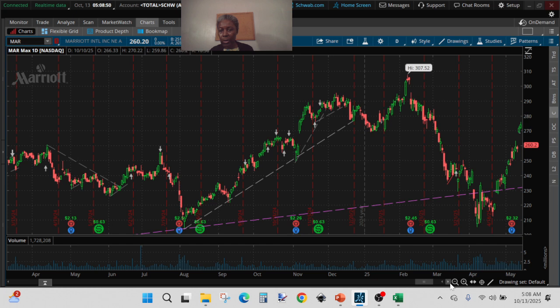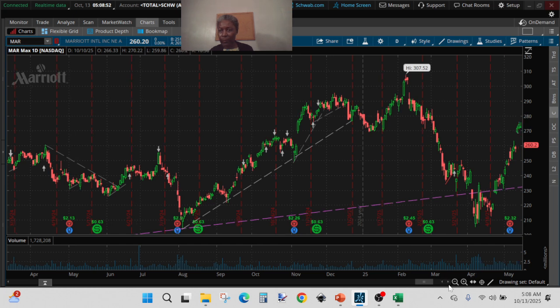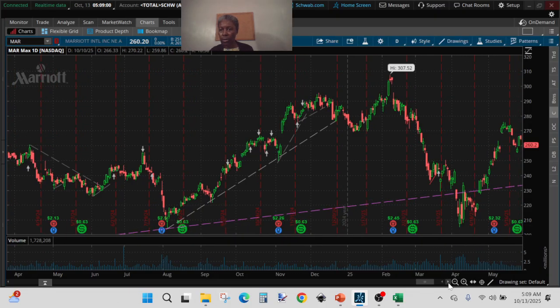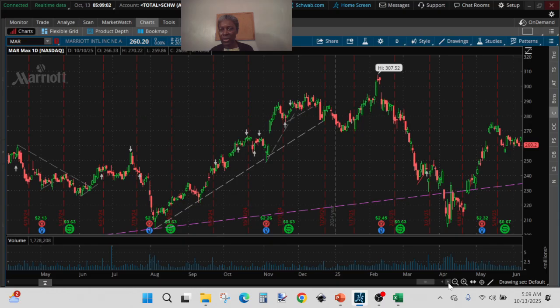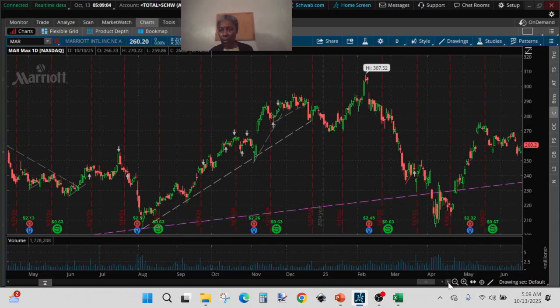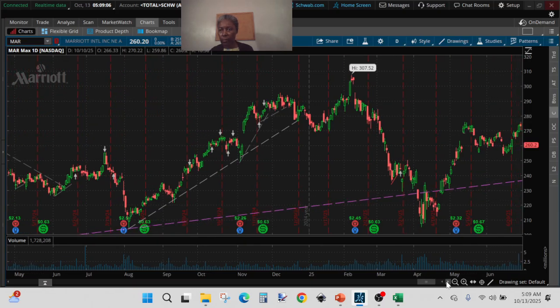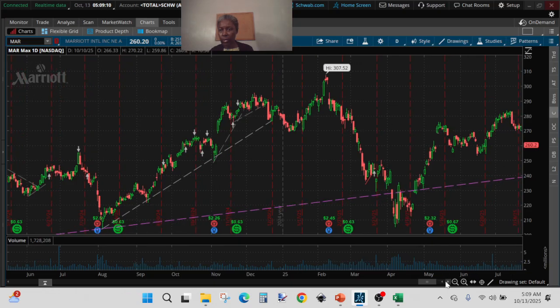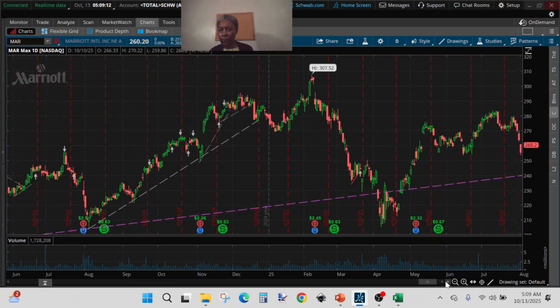So now when you purchase it there, it will be around 270 or so. You'll notice that after you purchase it there, the price went down and then went up, continued going up, and then now started going down.